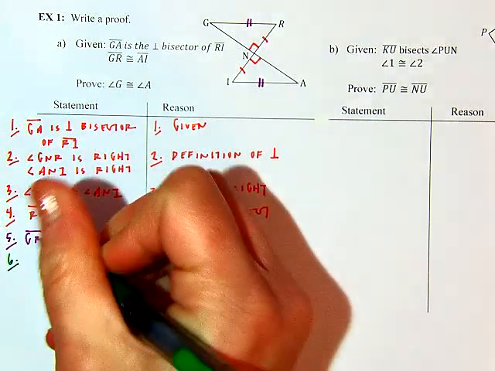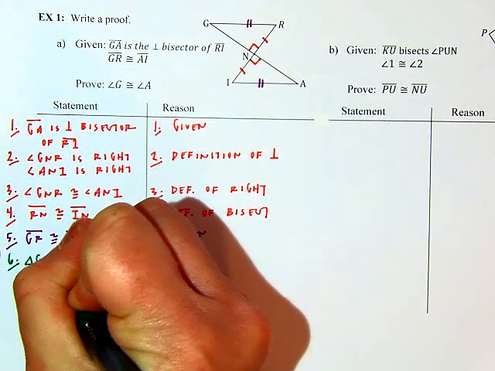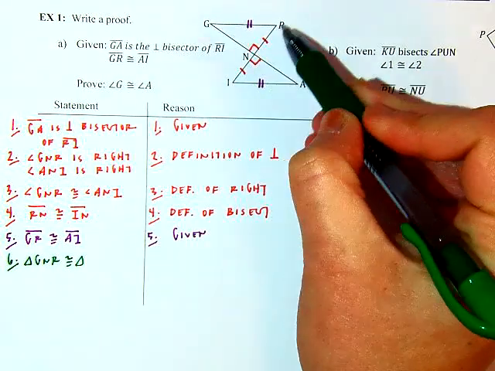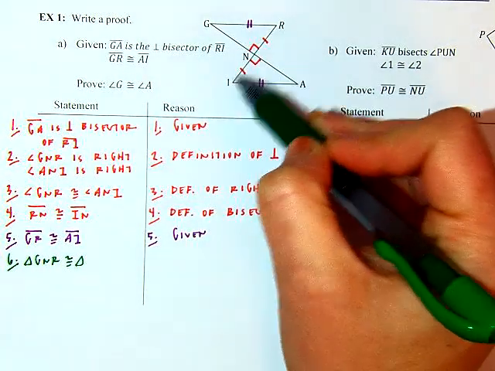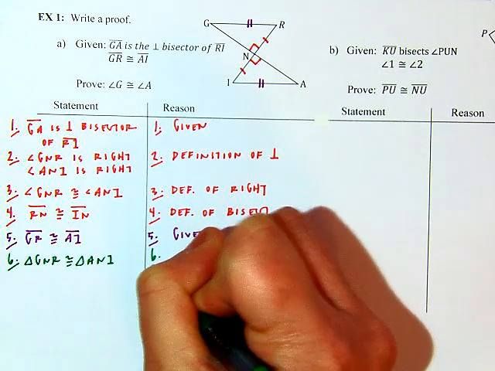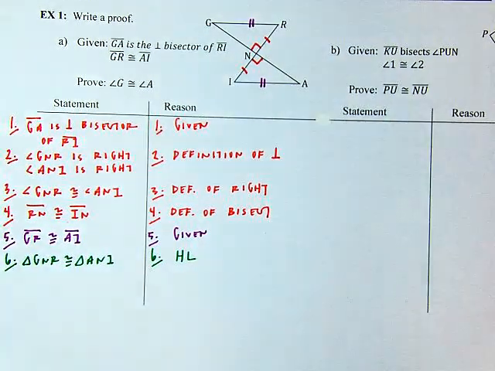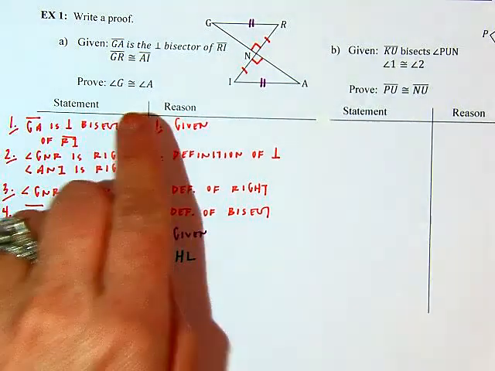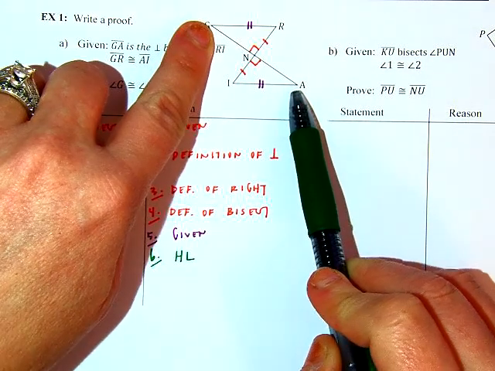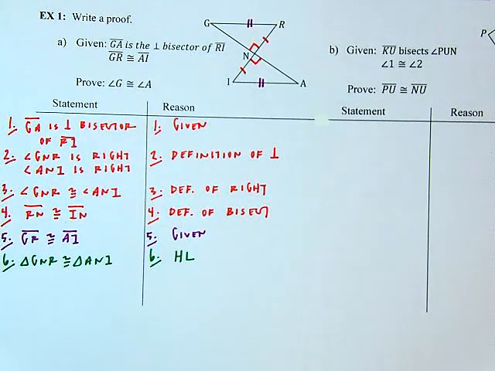So triangle GNR would be congruent to ANI. My reason would be HL. Now, can we connect these two angles? Can we say that G and A, those angles are congruent? Yes, because my triangles are congruent.